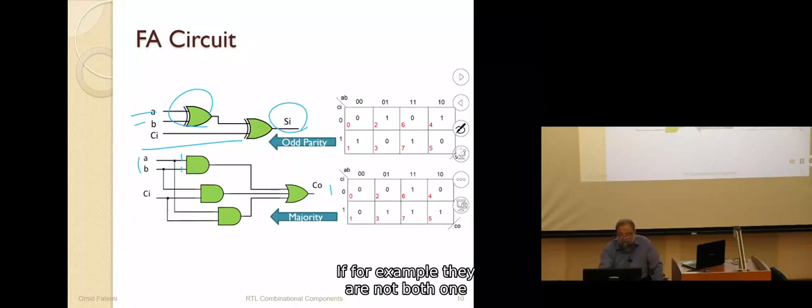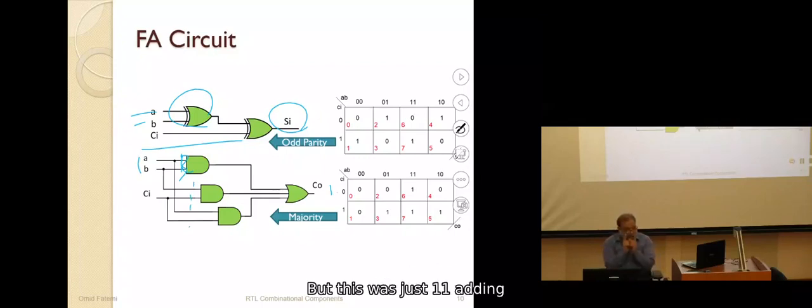If, for example, they are not both 1, but CI is 1 and B is 1, 2 of them should be 1. So if 2 of them are 1, the result is 1. So this is the circuit for carryout, okay? But this was just 1 bit, adding AI, BI, CI, and we get SI and CI plus 1, which I called CO here, carry out.